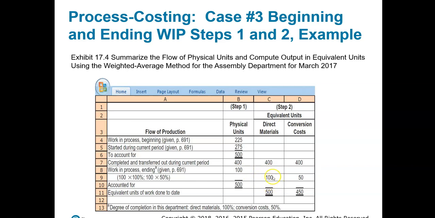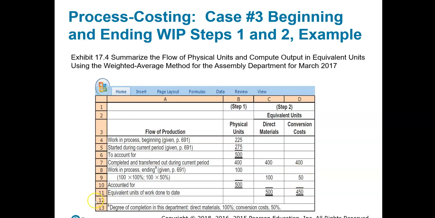We take the 100 units of ending inventory, multiply by 100% to get 100 units. With respect to conversion costs, we have 100 units in ending inventory, and we are halfway through the production process, so we multiply 100 by 50% to get 50 equivalent units of production in ending inventory.